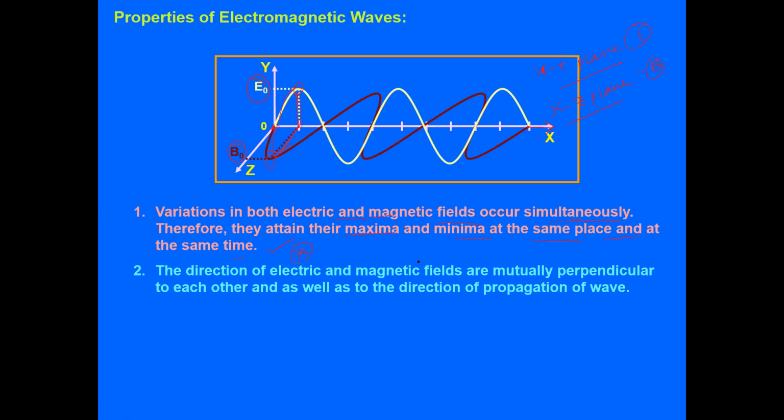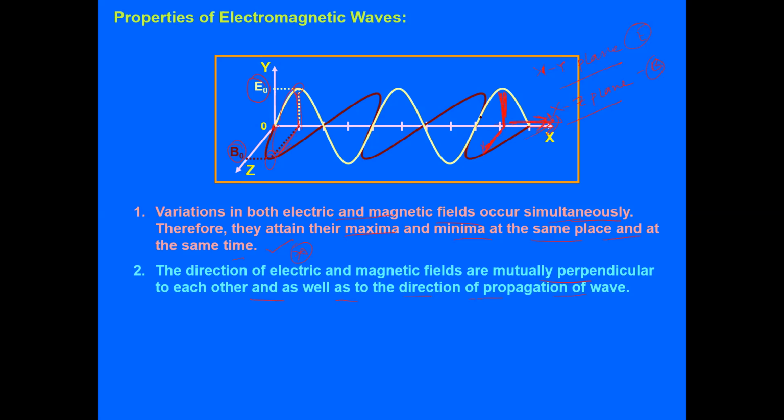The directions of the electric and the magnetic fields are mutually perpendicular to each other, as well as to the direction of propagation of the wave. Propagation of the wave is in that direction, and the vibrations of the electric field are perpendicular to that direction, and also the magnetic field is perpendicular to that direction.